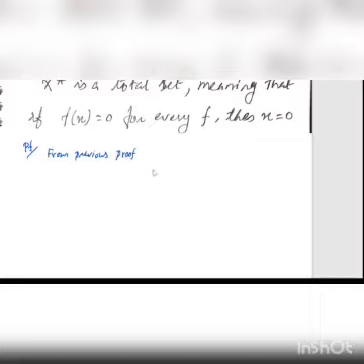From the previous proof of 3.1.5, just before what we have discussed, we have equation star, a condition: f naught of x naught is equal to the norm of f naught into the norm of x naught.